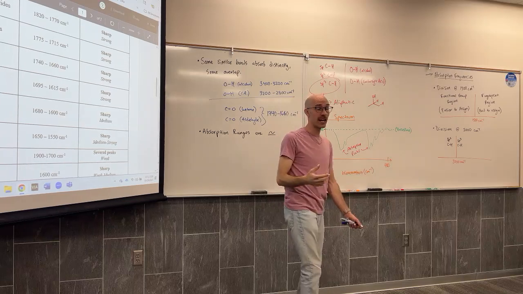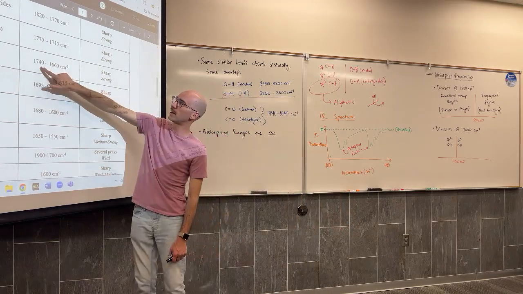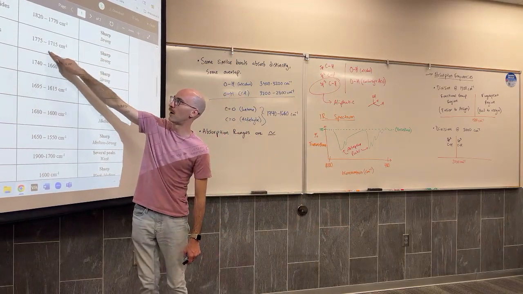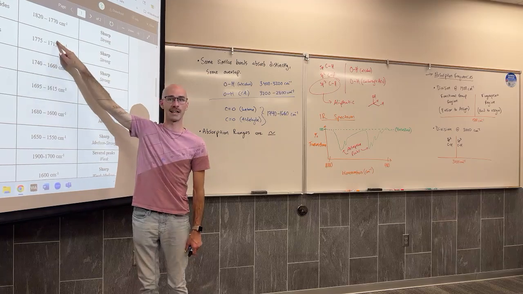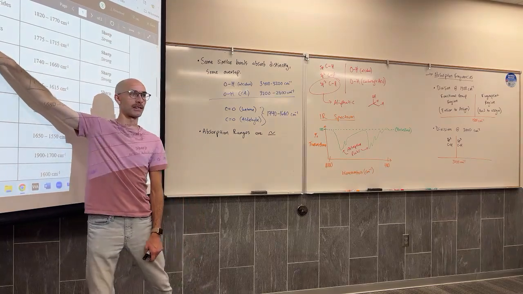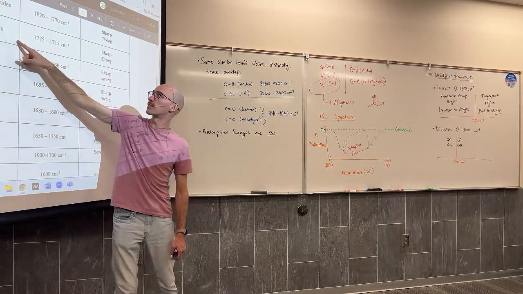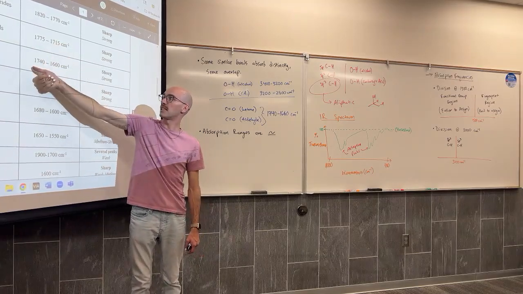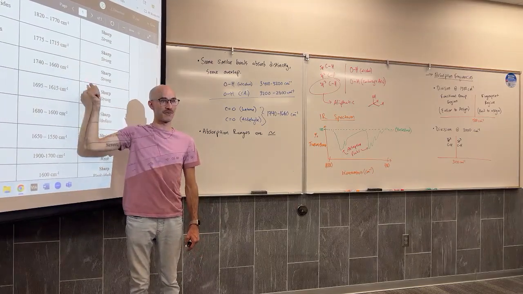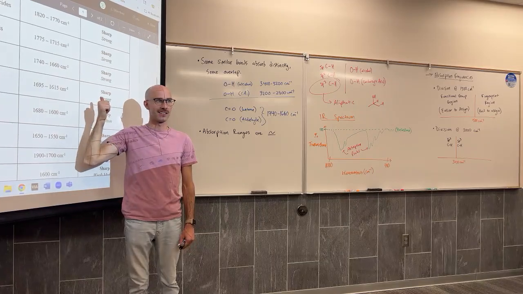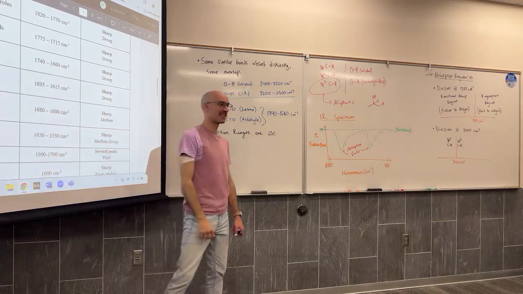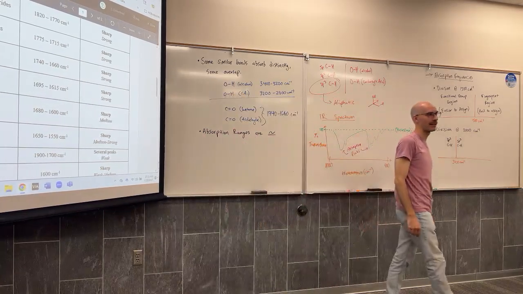That can make it really challenging because remember, there's already an overlap between the CO double bonds of the aldehyde and ketone and the CO double bond of the ester and carboxylic acid. So if the CO double bond of a carboxylic acid drops even lower than 1715, it's really going to look like it's a ketone or an aldehyde.